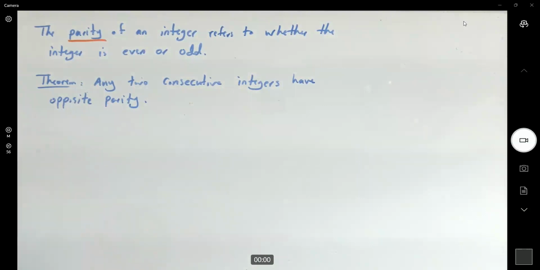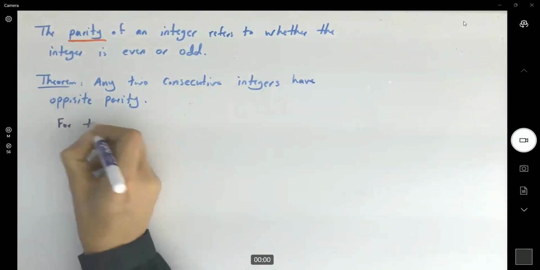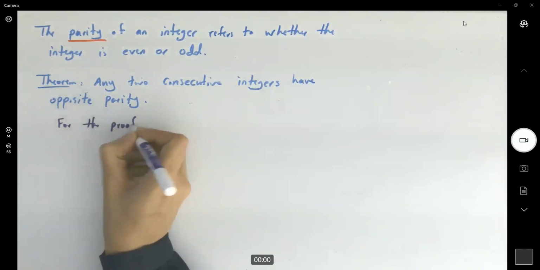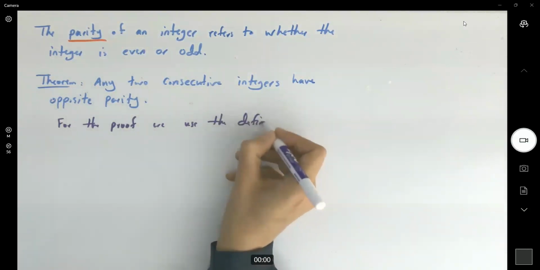The proof is very easy. You're just following the definition of being even, being odd. So for the proof, we use the definition.